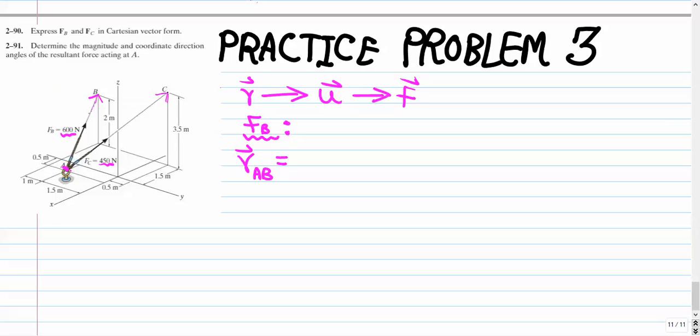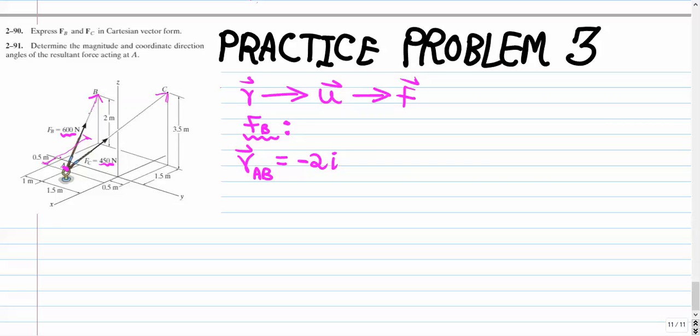So in the x direction, we can see that this vector goes from the point A to the point B and travels 0.5 meters on this side of the y-axis, while it travels 1.5 meters on that side of the y-axis, which means it travels a total of 2 meters in the negative x direction. So we will put negative 2i.